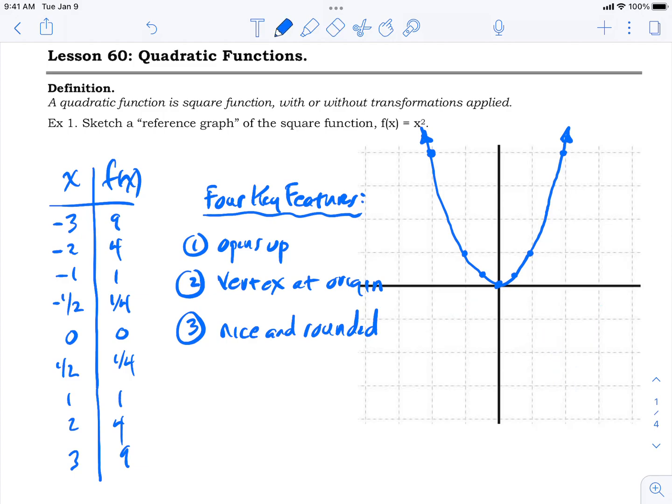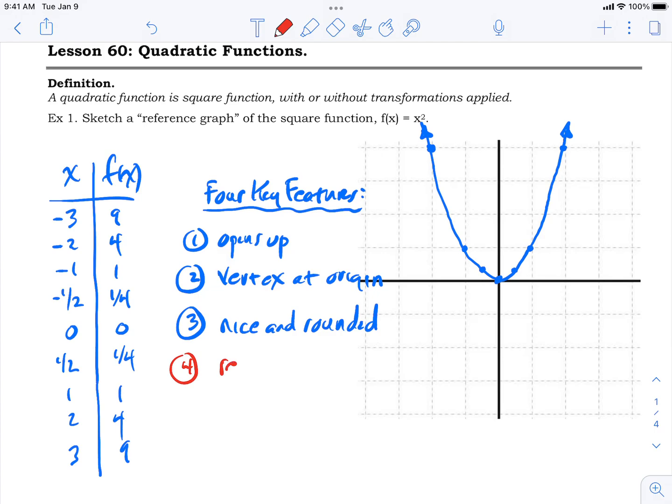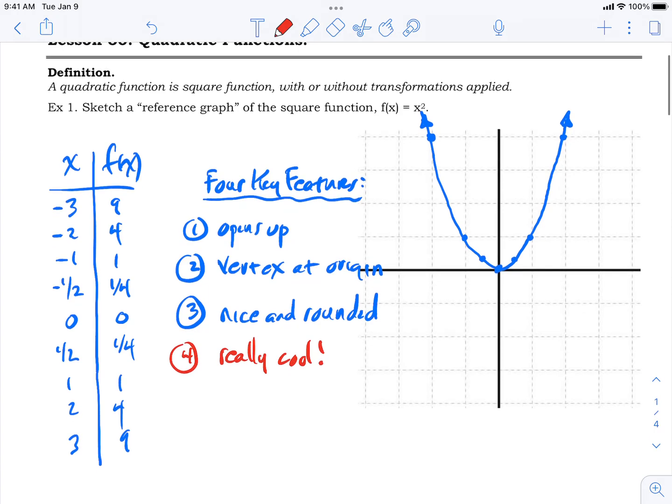Okay, now for the big one. This is the really cool one. You ready? I'm going to put this in red because it's actually kind of important. In fact, this is the whole reason I'm doing this. This is a really cool feature, and you may have seen this somewhere before, but I'm going to use it a lot. How should I say this?